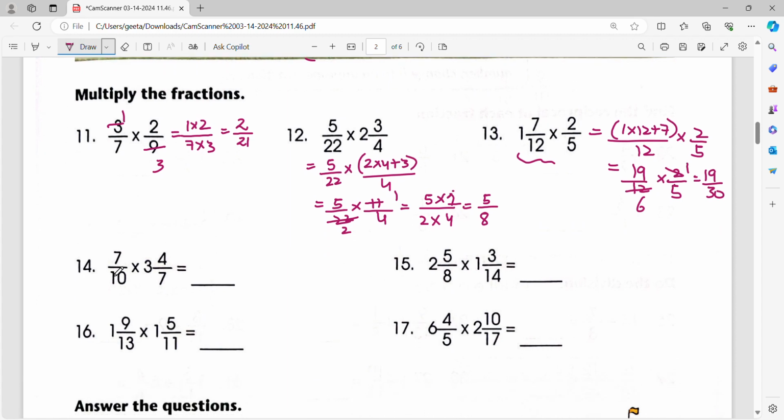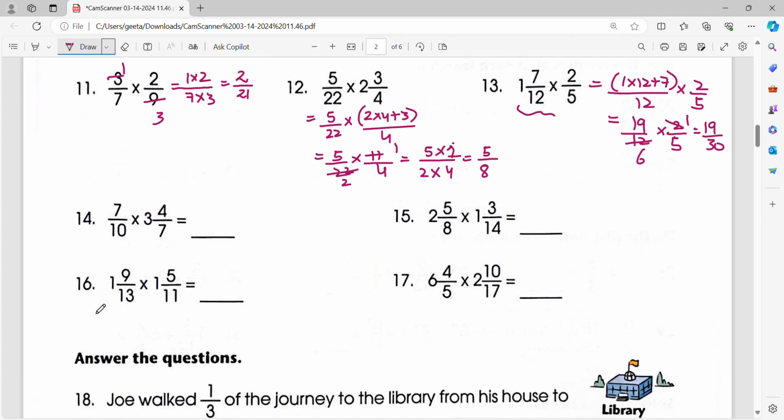Am I audible now? Is my screen visible to you? Okay, we are moving. Am I audible now? Okay, answer of 13th is 19 over 30. I hope that is clear to you.